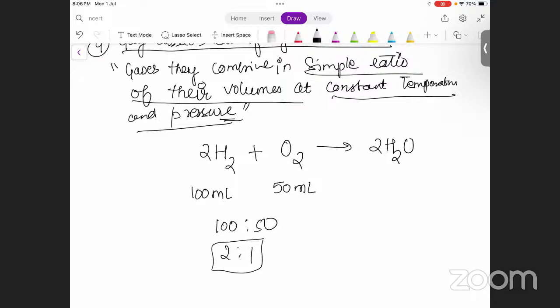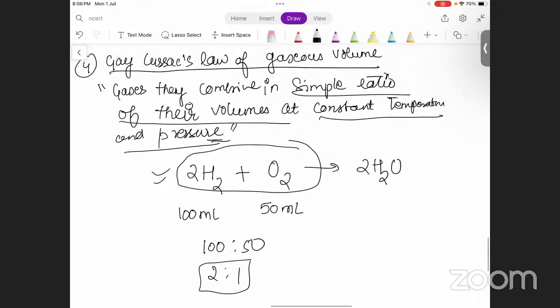If they had performed the experiment with 500 ml, they would have got 250 ml of oxygen required. Now we can relate it like this, but at that time it was not clear what exactly these gases consisted of. I hope this is clear to you.